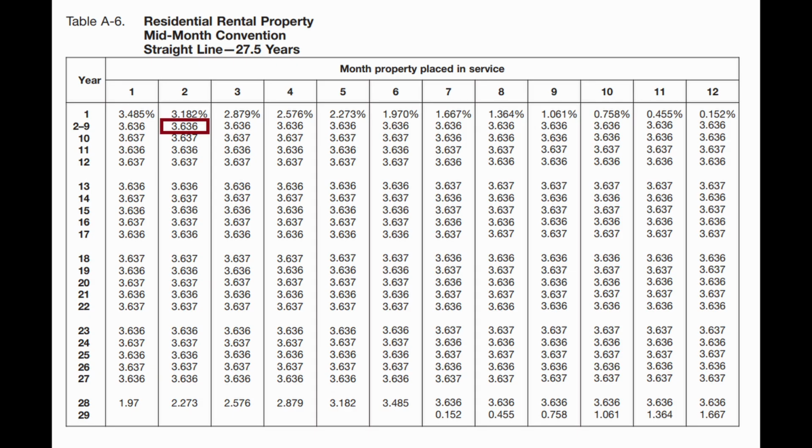Because David placed his rental in service in February 2020, the IRS table gave him a 3.636% deduction for 2024. So $504,000 times 3.636% equals $18,327.